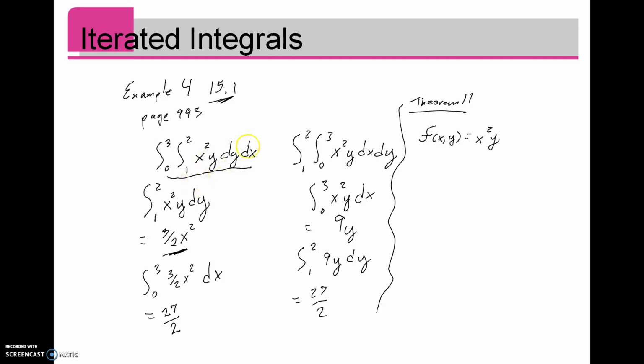Let's say g of x equals x squared, so it's a function of x, and then h of y is a function of y, right? So then we can state that f of xy is the multiplication of these two functions. Real simple example here.